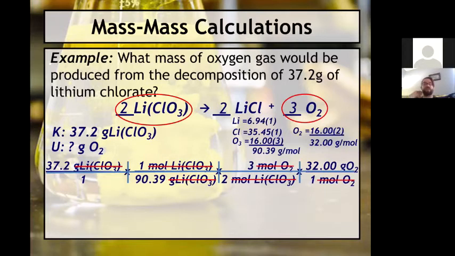So that diagonal rule is still there, no matter what. The calculation is pretty simple. You take 37.2 times 3 times 32, then divide by 90.39, then divide by 2. When you do that, the number that spits out in your calculator is 19.8 grams of oxygen.